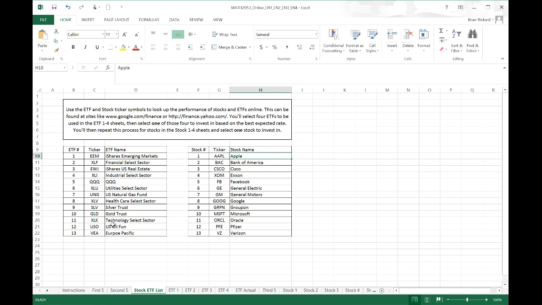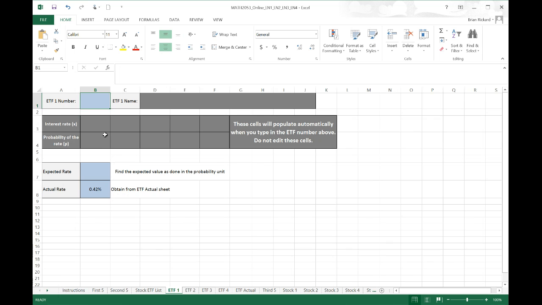So what you're going to do is pick 4 ETFs and 4 stocks, and there's some instructions up here on how to figure that out. Let's say we wanted to select the financial select sector, so that's ETF number 2. So we're going to go down here, and for our first ETF, we want that to be ETF number 2. So I type a 2 in there and hit enter.